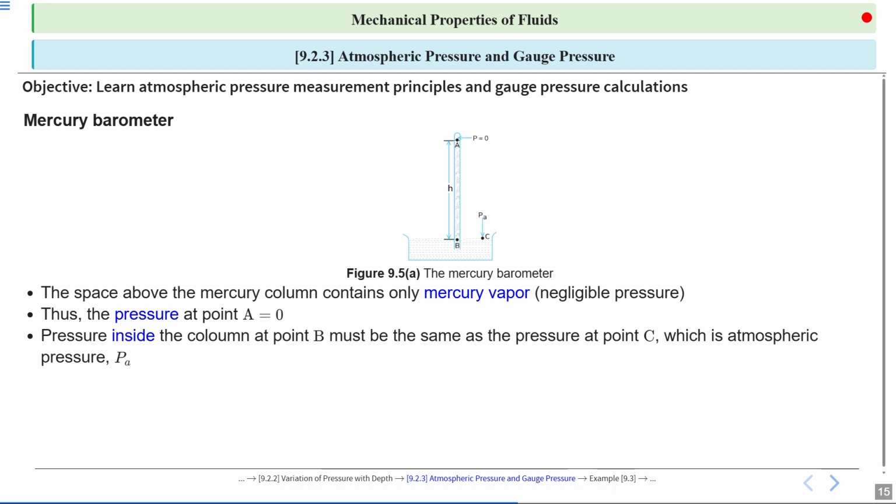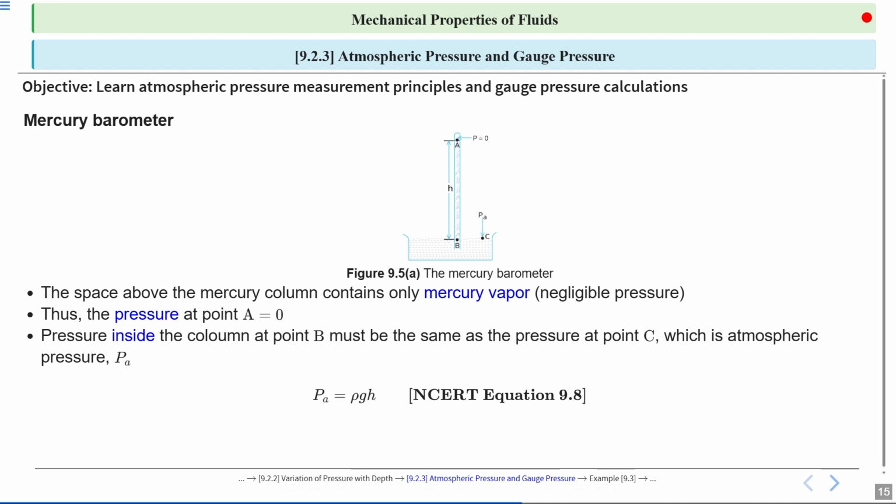Now let's consider the pressure inside the column at point B. This pressure must be equal to the atmospheric pressure at point C. Look at the figure outside the column. So this equality is what allows the barometer to measure atmospheric pressure accurately.